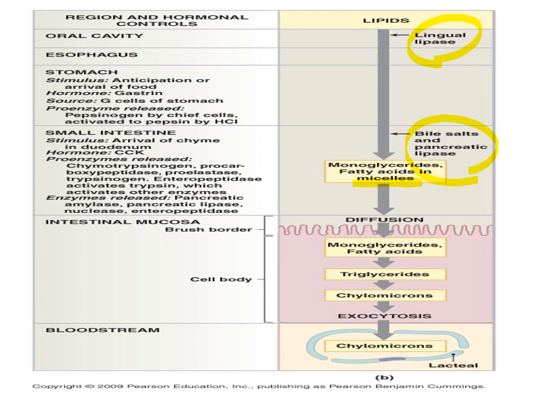And then the micelles can diffuse with monoglycerides and fatty acids, triglycerides and chylomicrons get created with diffusion through that intestinal mucosa, and then it's the chylomicrons that actually diffuse into our lacteals. They're too large to diffuse into capillaries, so they go into the lacteals, and then the lacteals are going to diffuse into the lymphatic system and be returned and entered into the systemic circulation at the vena cava.